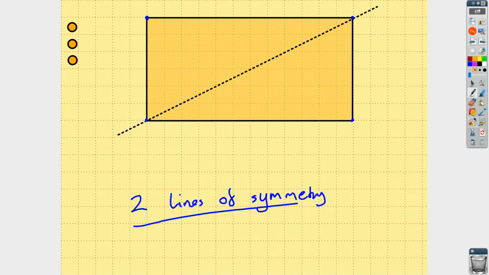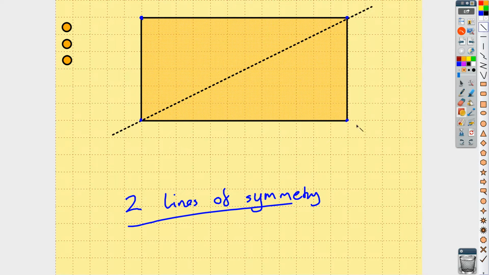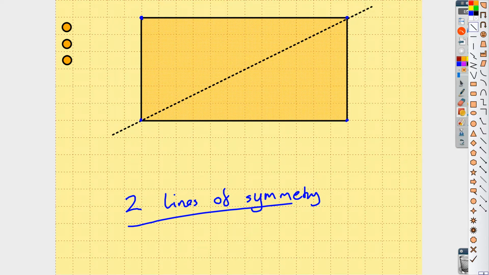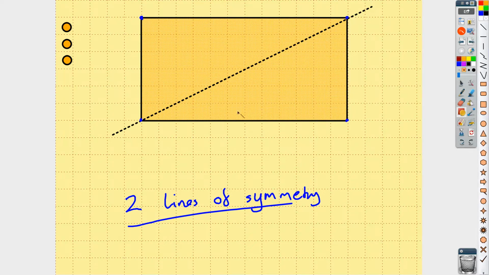There's a reason that I'm hoping I'll be able to show you quite clearly that this isn't the case. I'm going to grab myself a little dotted line here just to make it a bit simpler. If you think about this point here, it has to be mirrored straight across, so it has to go straight across this line here.